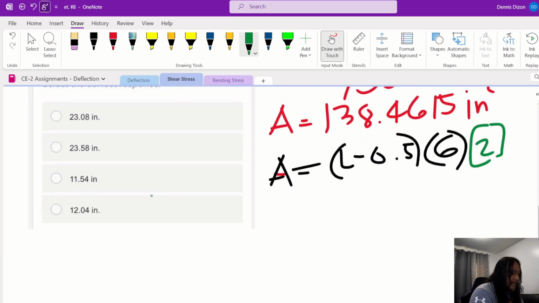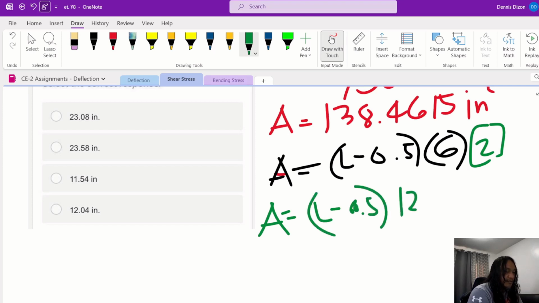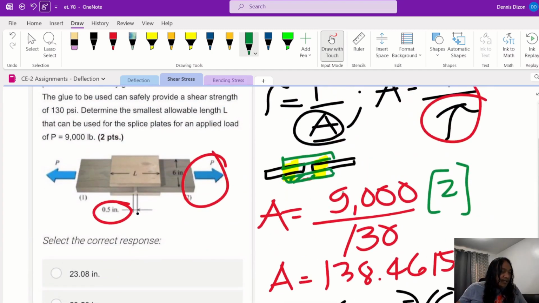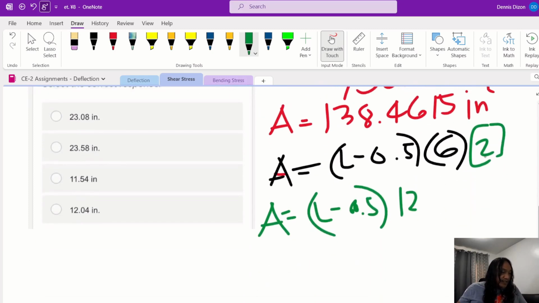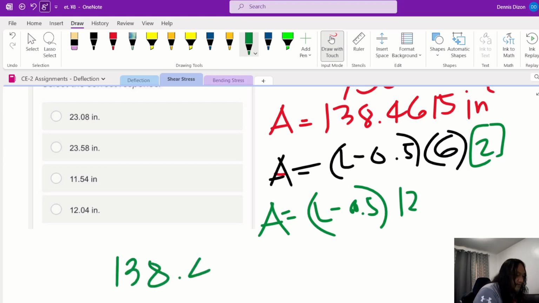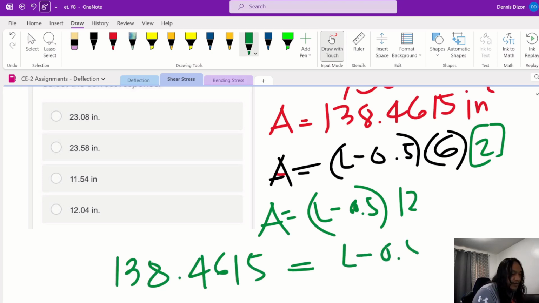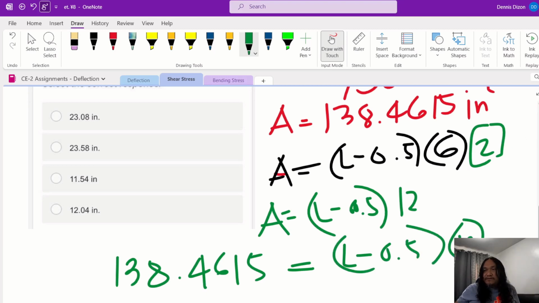So, therefore, our area is equal to L minus 0.5 times 12. And then we will substitute this into our equation: 138.4615 is equal to L minus 0.5 times 12.